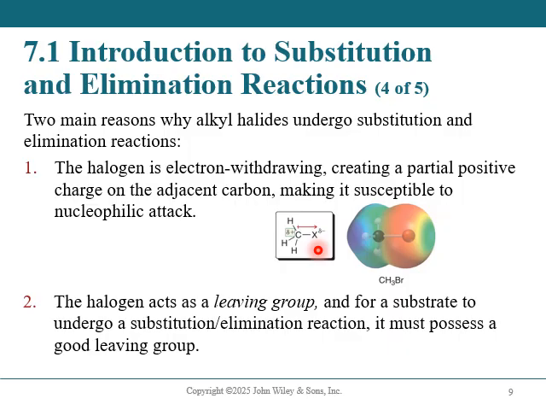The halogen will act as a leaving group. This is the term that we use for whatever is leaving the system, generating an intermediate, a carbocation intermediate. And for a substrate to undergo a substitution or elimination reaction, it must possess a good leaving group. In other words, this setup that we have here has to be met for any of this to happen.